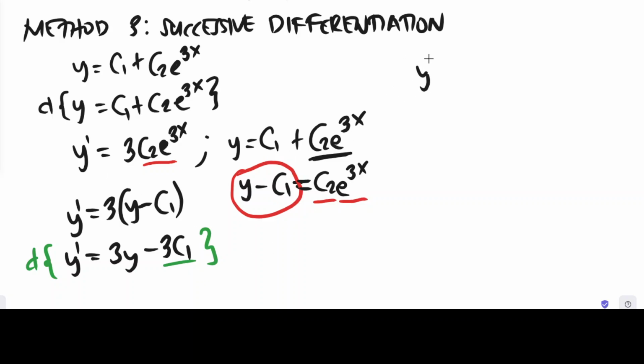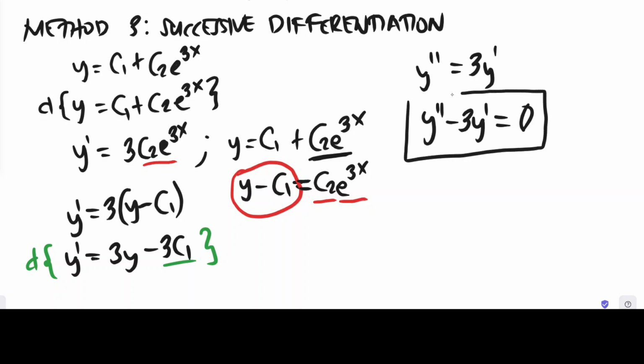So by differentiating this one, we will have y double prime is equal to 3y prime. Then 3c1 is already 0. So by transposing 3y prime to the other side, we will have y double prime minus 3y prime is equal to 0, which is also our answer earlier.